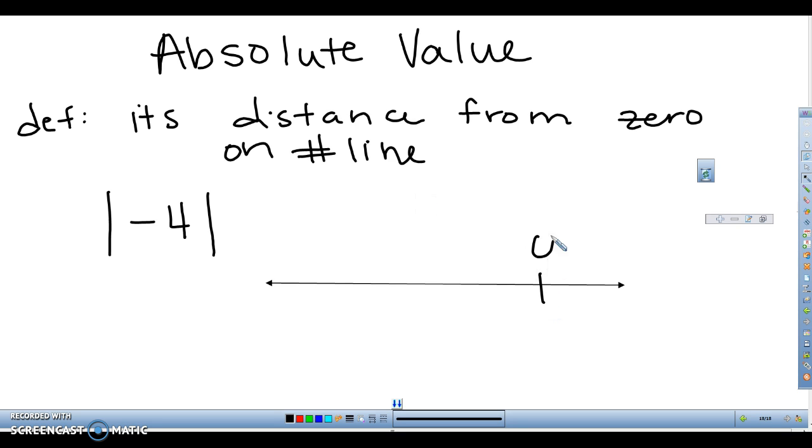So I'm going to plop down 0, because that's important, and -4, and all the numbers in between. And now I'm going to count how many spaces it is from 0 on the number line. 1, 2, 3, 4. So the absolute value of -4 is 4.